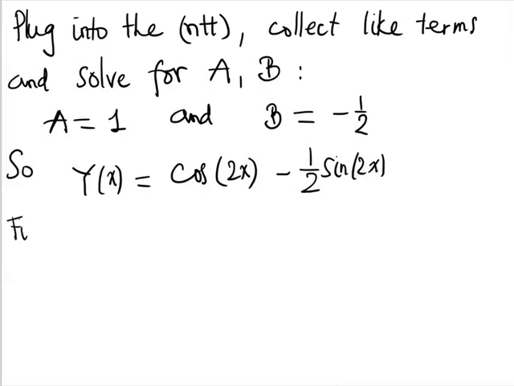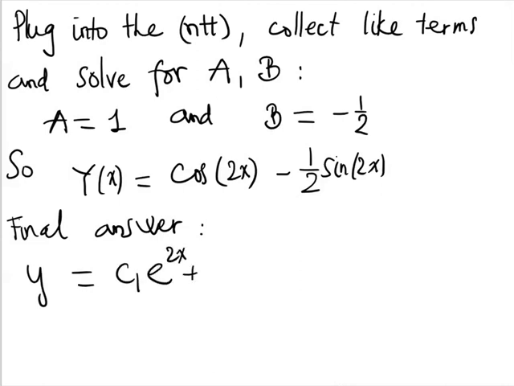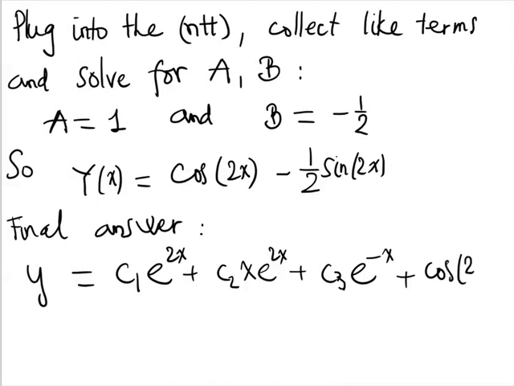And then we have the final answer to the problem, which is y equal to c1 y1, which is e^(2x), plus c2 y2, which is x e^(2x), plus c3 e^(-x), plus capital Y, which is cosine 2x minus a half sine of 2x. And this is the answer, the general solution to the given non-homogeneous equation.